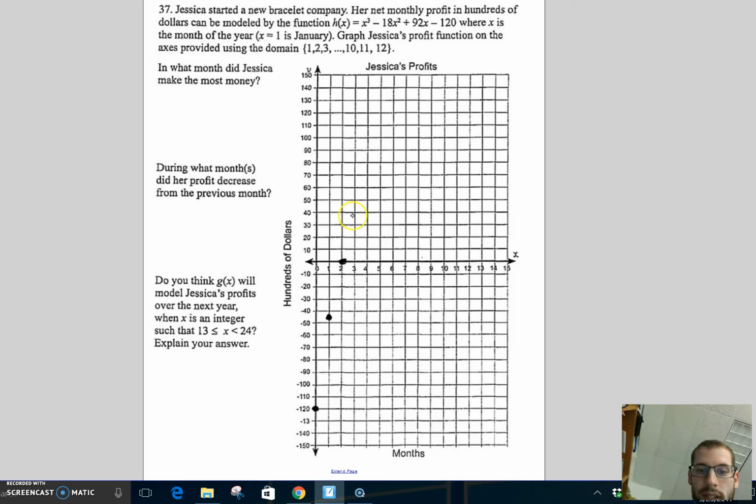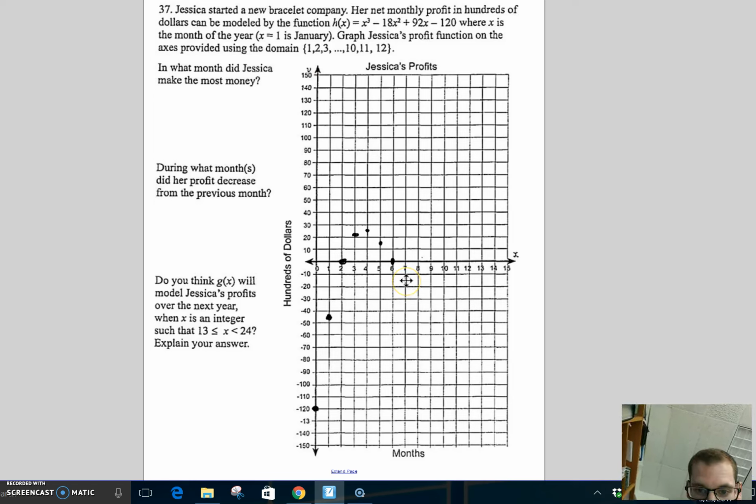I have (3, 21), (4, 24), (5, 15), (6, 0). For 7, I've got to scroll down on my calculator to see this. 7 is -15.